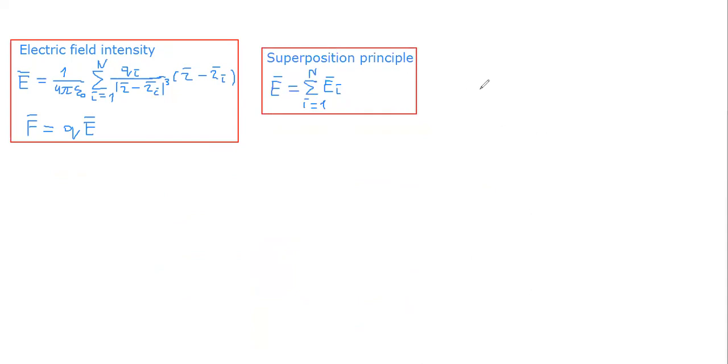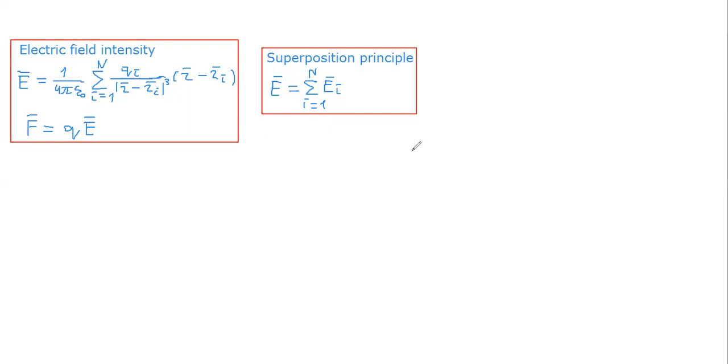An electrostatic field may be completely described by electric field intensity. So in other words, electric field intensity gives us the whole information that we need to know about the electrostatic field.